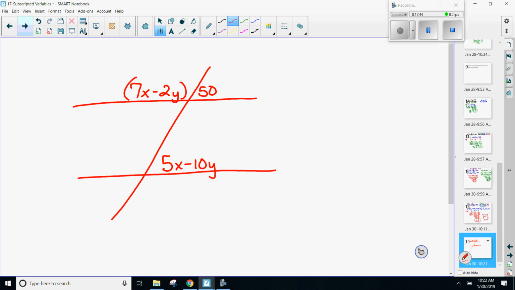If you have 2 unknown values, you have to have at least 2 equations to solve. 2 unknown values means at least 2 equations to solve. If you have 3 unknown values, x, y, and z, how many equations do you think it's going to take to solve? 3.